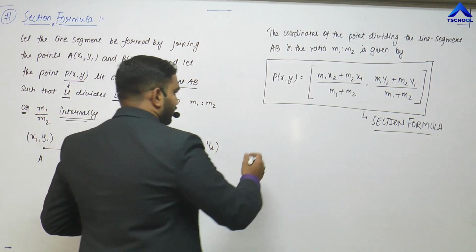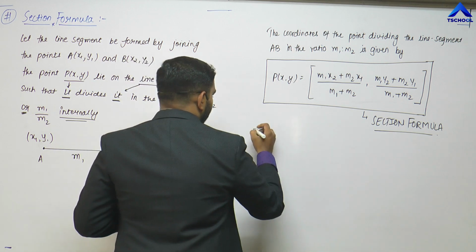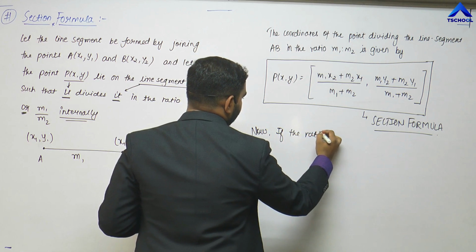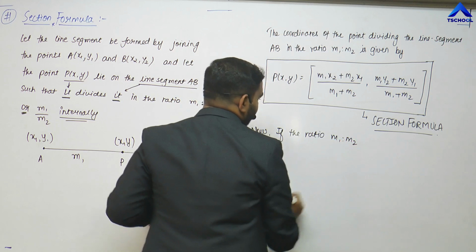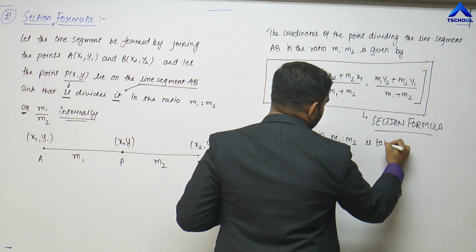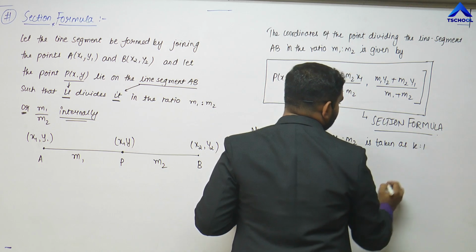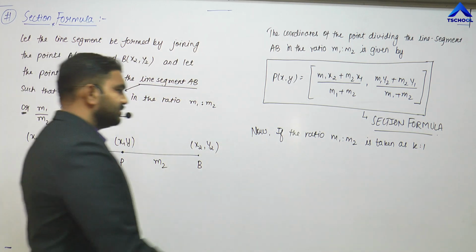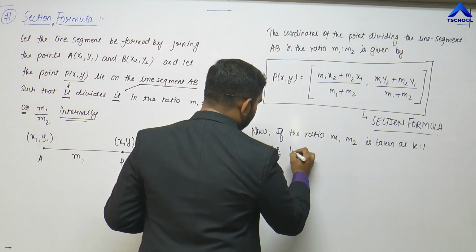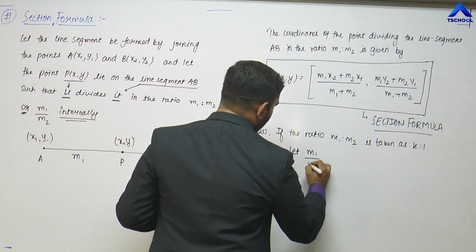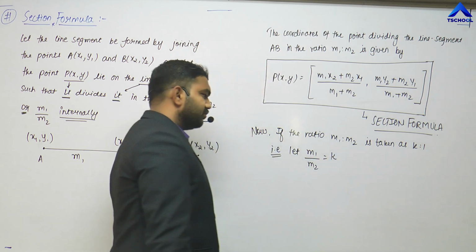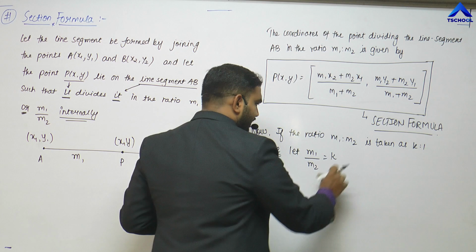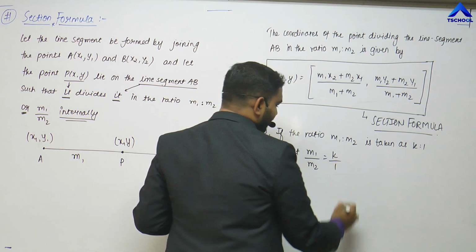Now let us see some modifications here. Now if the ratio m1 is to m2 is taken as k is to 1, that is, let m1 upon m2 be equal to k. k is to 1, that means k upon 1.